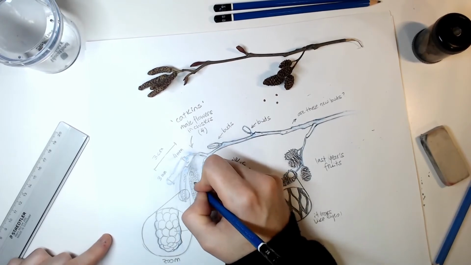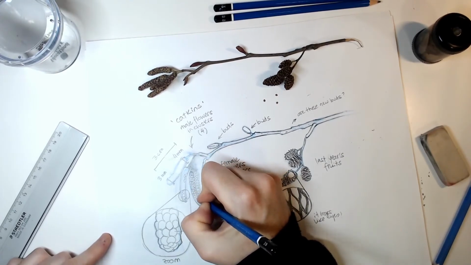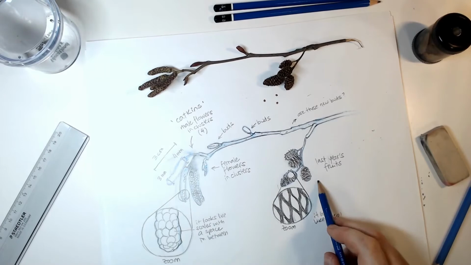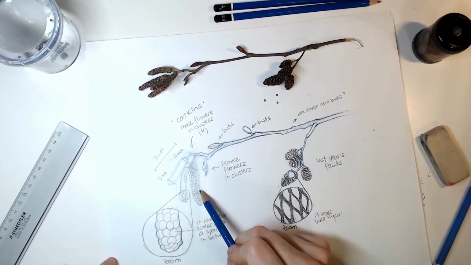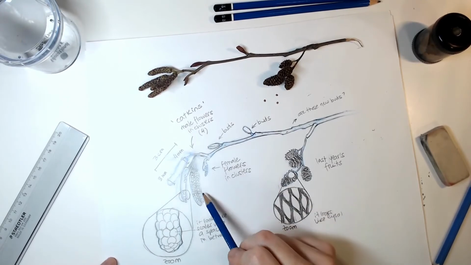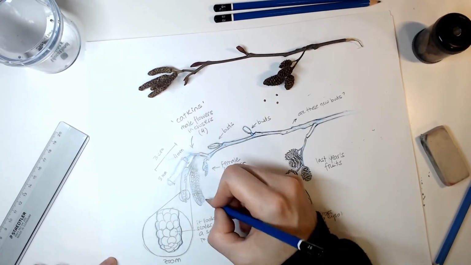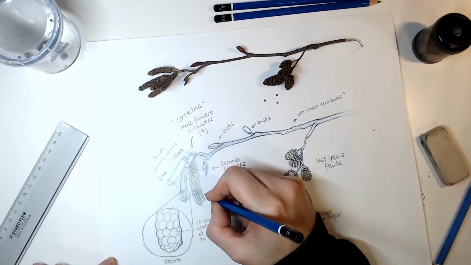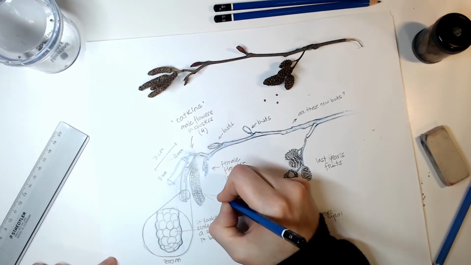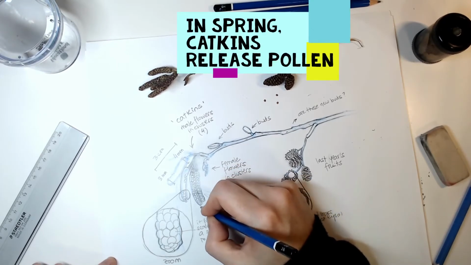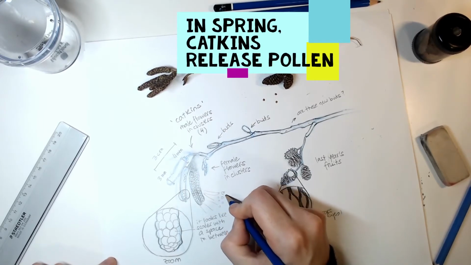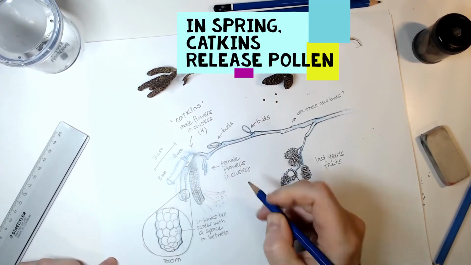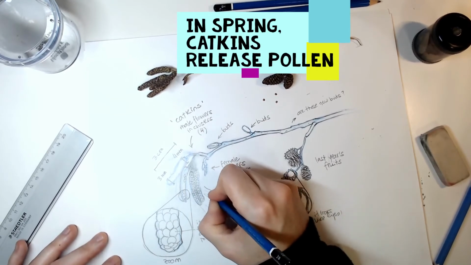How is that possible? That these are last year's fruits? Well, in the spring, the male flowers, the catkins, they start releasing a lot of pollen. Tiny, tiny particles of pollen.